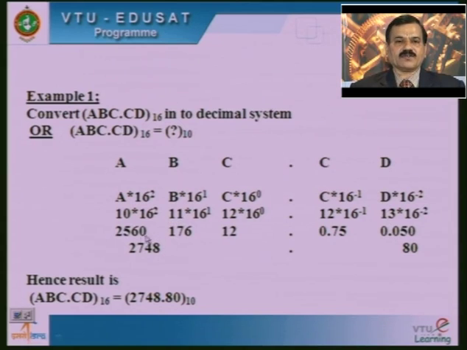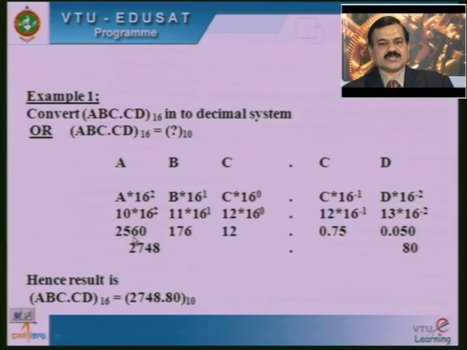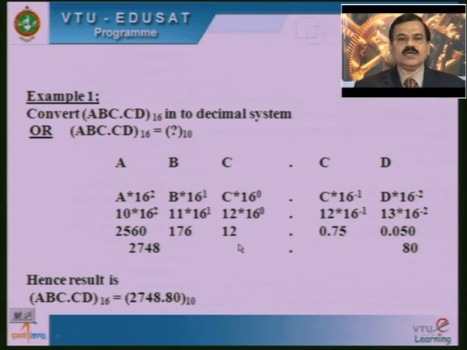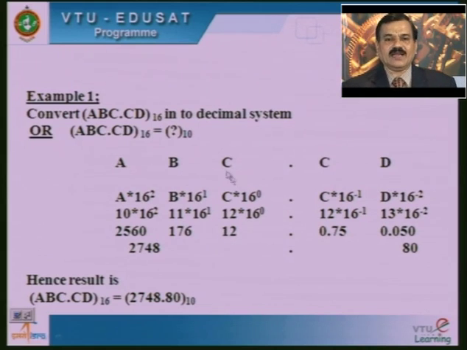Now the product value 10 into 16 to the power 2 is equal to 2560, and 11 into 16 to the power 1 is equal to 176, and 12 into 16 to the power 0 is equal to 12. Similarly, after the radix point, 12 into 16 to the power minus 1 is equal to 0.75, and 13 into 16 to the power minus 2 is equal to 0.050.